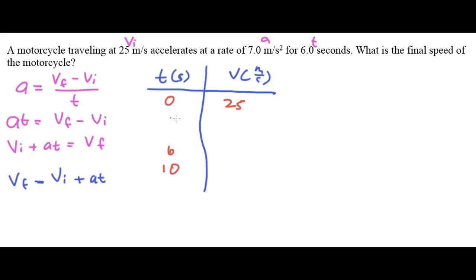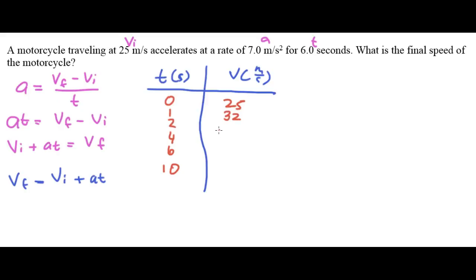Let's put time equals 1, 2, 4, and 6. So after 1 second, it's gone another 7 meters per second faster. So 25 plus 7 is 32. So after 1 second, it's going 32 meters per second.